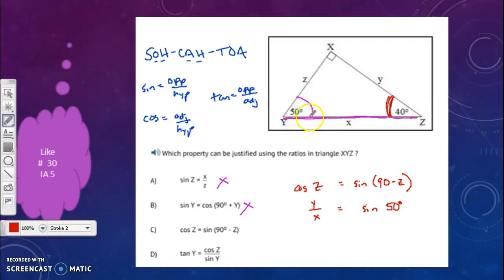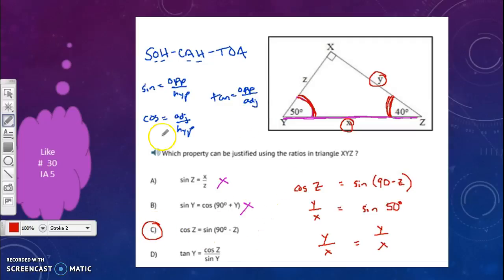And the sine of 50 degrees, if I'm looking over here, here's 50 degrees. So the sine of that would be the opposite, which is y, over the hypotenuse, which is x. So that would give me y over x. So check that out. Those two are equal. So that is the property that can be justified using the ratios in that triangle.